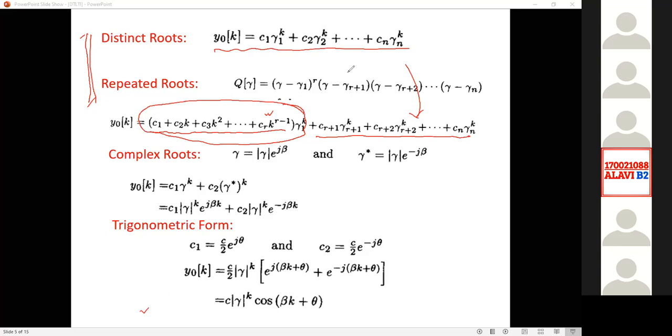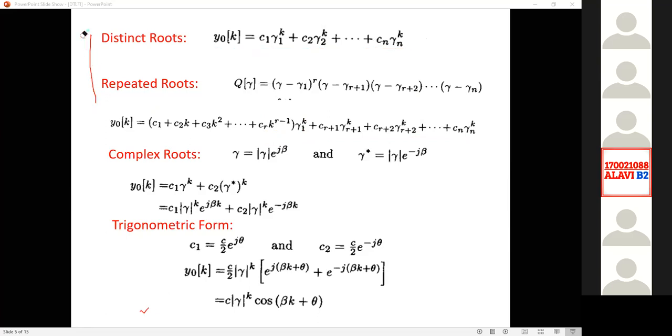But sometimes, for simplicity of calculation, we can modify a few things by using our Euler identity or other mathematical techniques. You know that in our system, whatever you have learned so far, in a first order system, can the root be complex? No, sir.